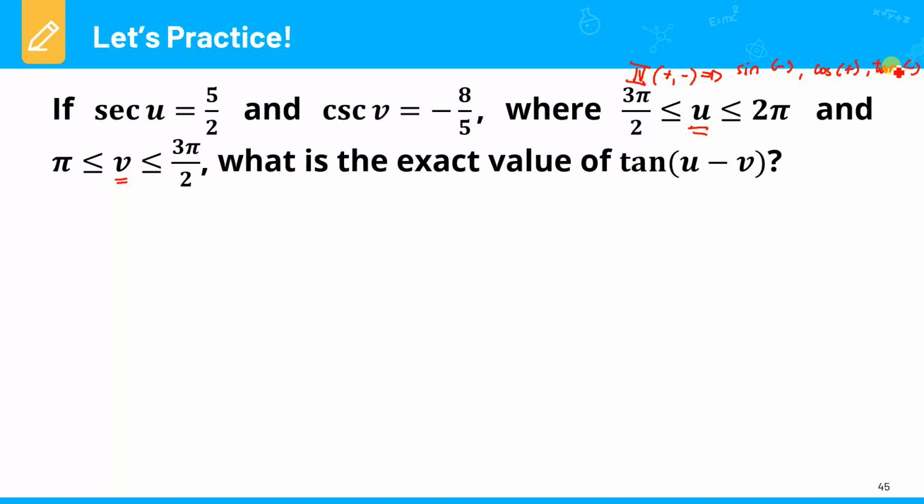So negative divided by positive is equal to negative. And take note that the sine is the y coordinate and the cosine is the x coordinate.